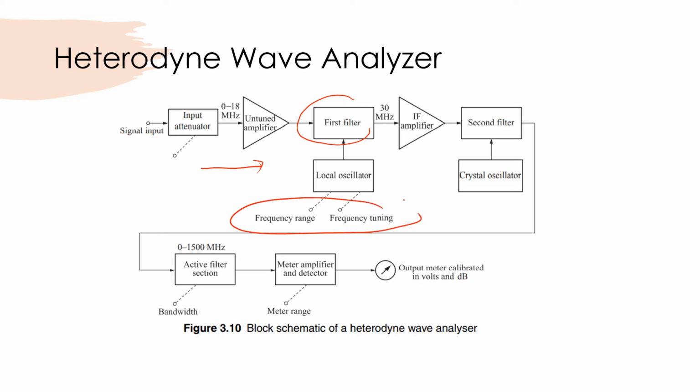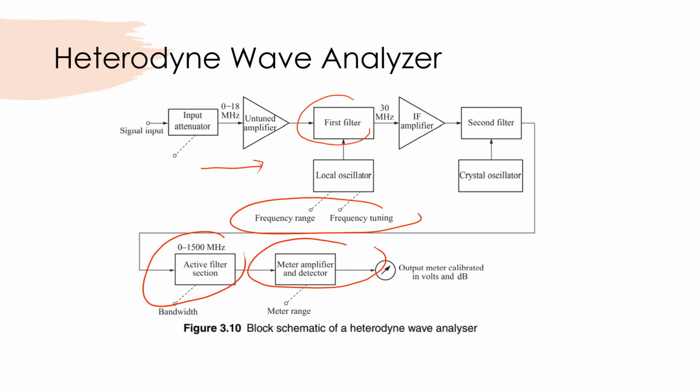After the first filter, we go to the IF amplifier, second filter or second mixer, and then going to the active filter sections from 0 to 1500 megahertz, and then we can analyze the harmonic wave in the meter amplifier and detector here.